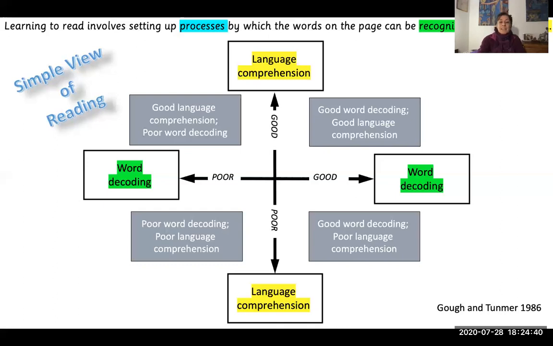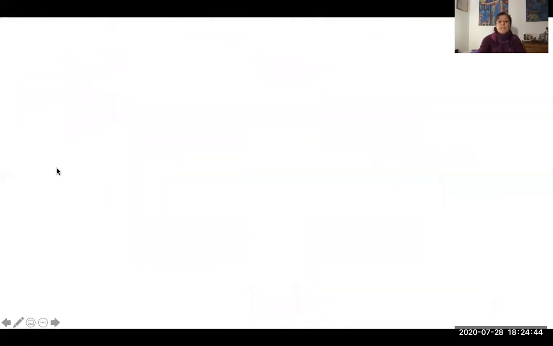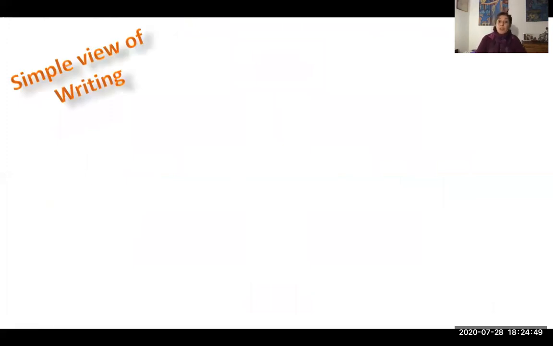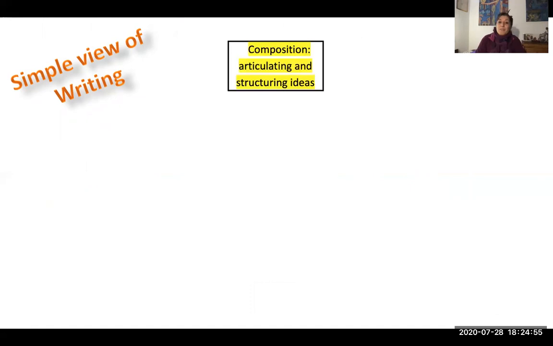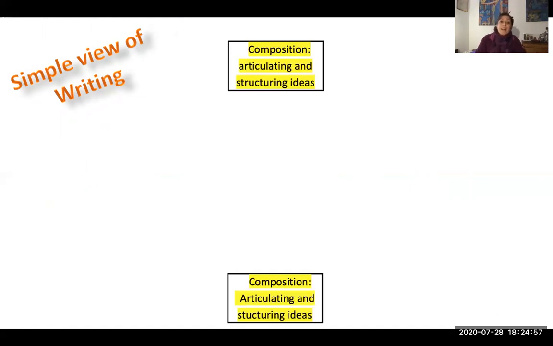Now, if there is a simple view of reading, there is a simple view of writing, because the reverse process of reading is writing. And we do have two processes as well. Composition, that is articulating and structuring ideas, which can be good or poor.